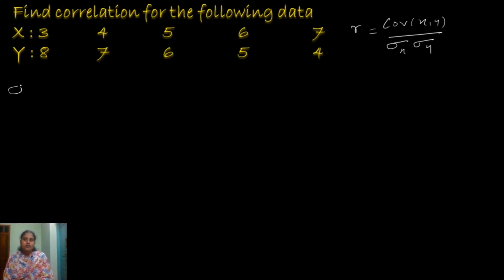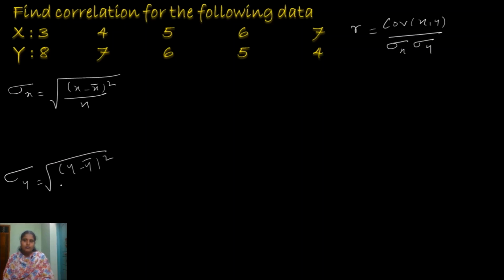And also the formula for calculating standard deviation of x is square root of x minus x bar the whole square by n, and standard deviation of y is equal to square root of y minus y bar whole square by n. Already we calculated the value of covariance, x bar and y bar, and just make use of those values.